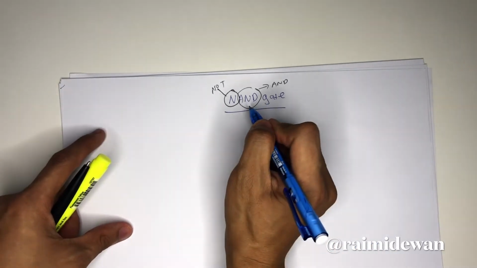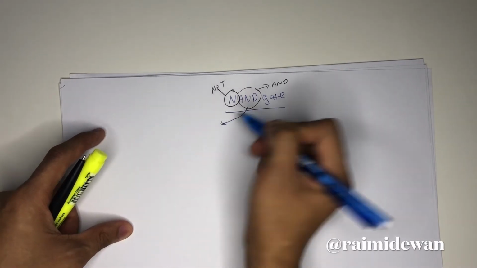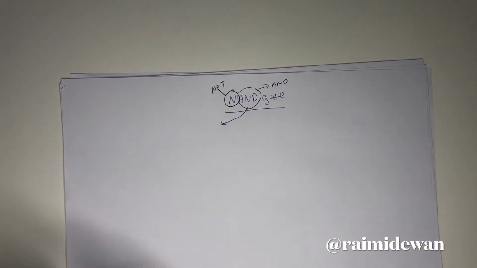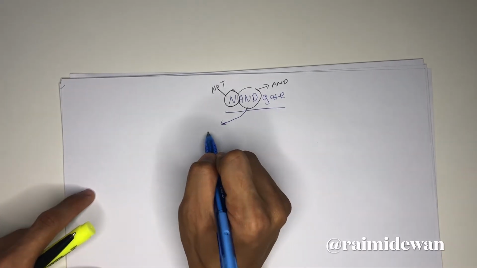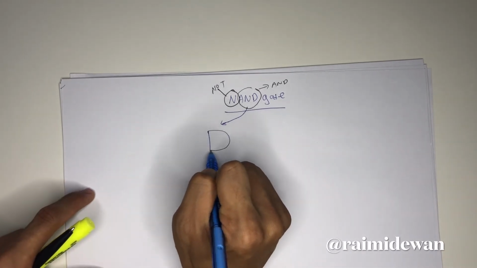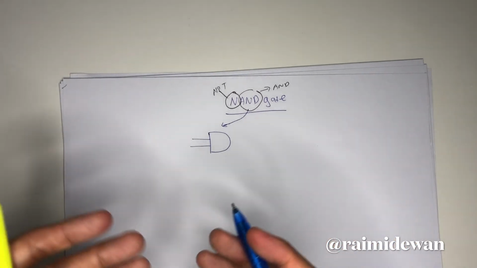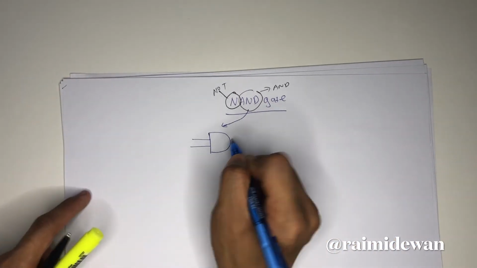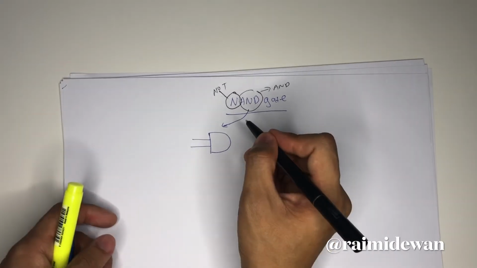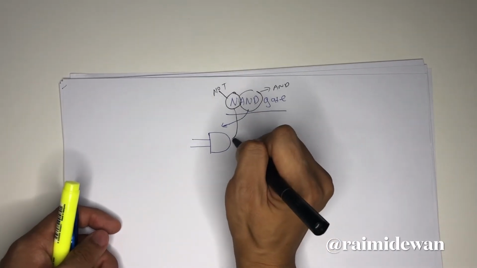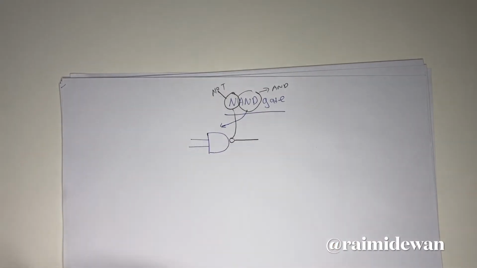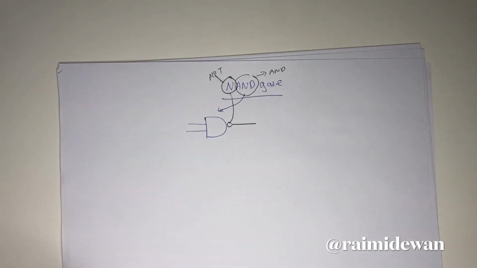Like I told you, it will go through AND first and after that it will be NOT. So first is your AND gate, after that it will undergo inversion. This is in the previous lecture mentioned as inversion, right?